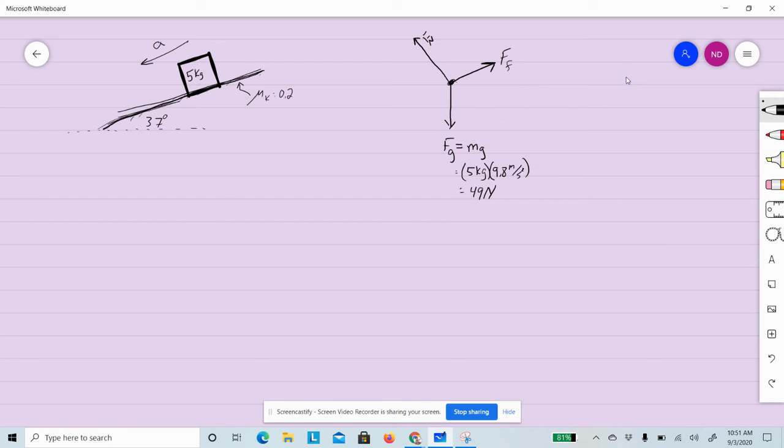All right. So here we go. There's your free body diagram. Now, what's next? Determine the force of friction.